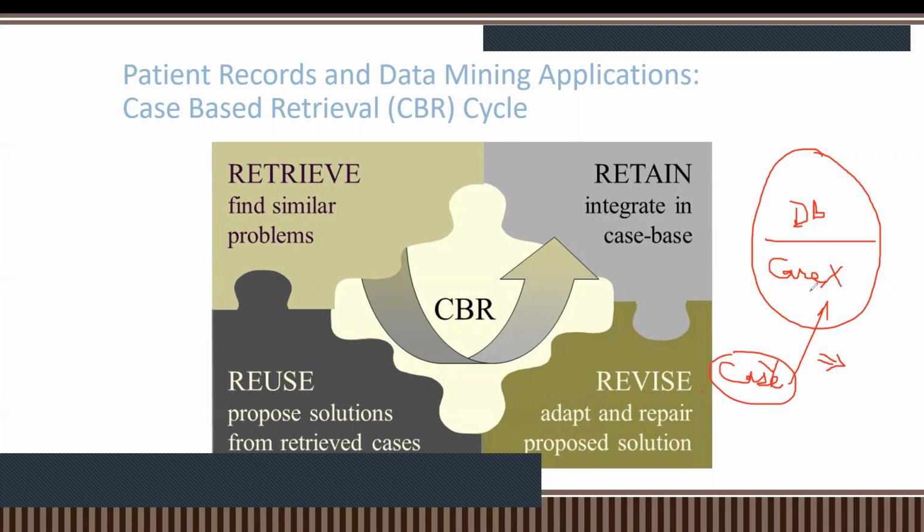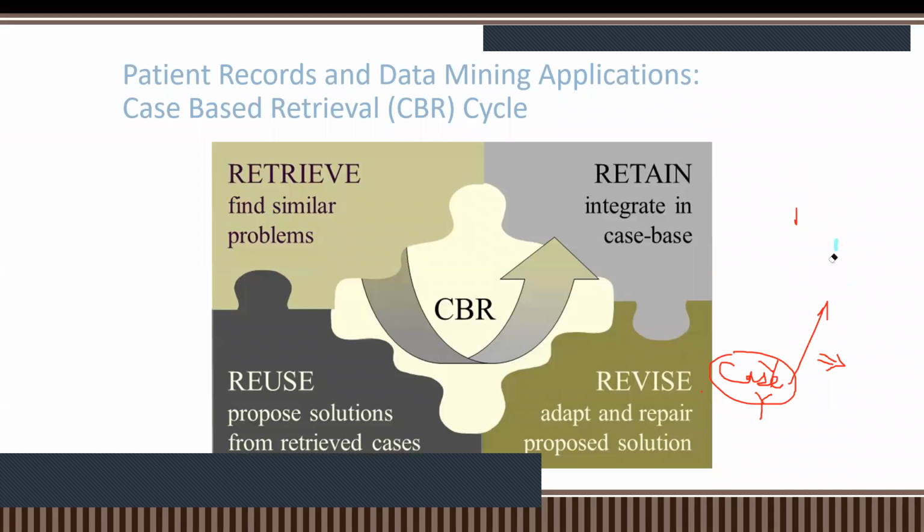So the diagnosis which was initially suggested for case X can now be applied to case Y. So this is the importance, and this process can be automated if we have a huge database of different case studies which can be linked to the new case.